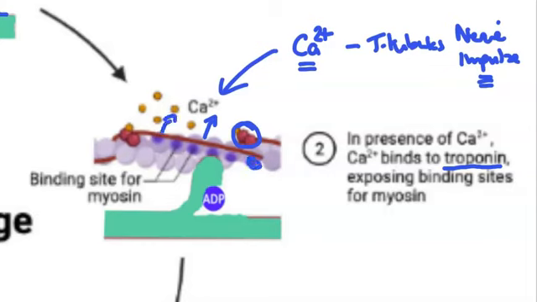Here's one here, other ones there, and there. And now it's possible for myosin to bind to the actin in a molecular manner. So it's happening at this location here. Notice that the angle we have on the myosin molecule is like so.